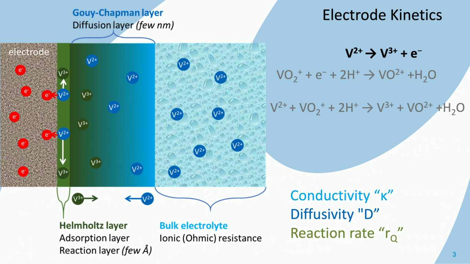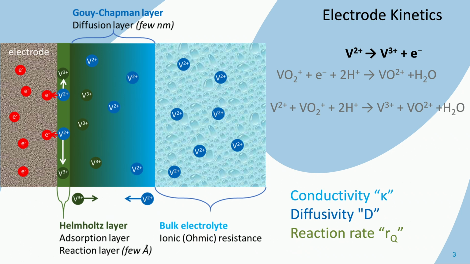This layer is just a few nanometers thick. Once the ions arrive at the surface, they adsorb and donate the electrons, similar as the people picking up their food and paying. This is the electron transfer reaction, here assigned as R0.